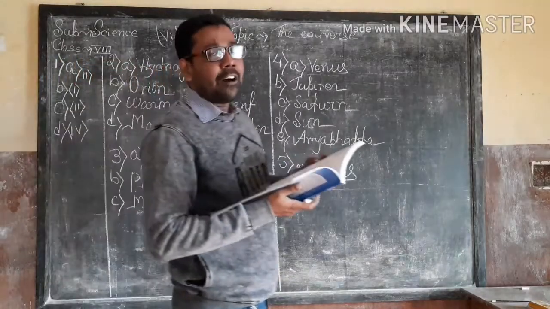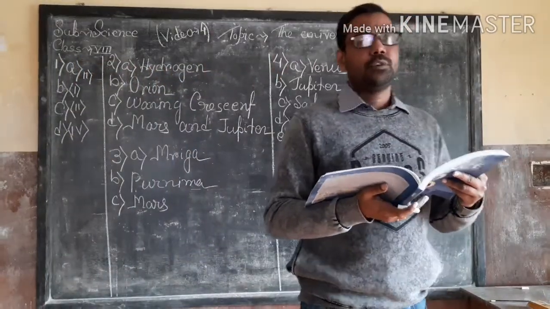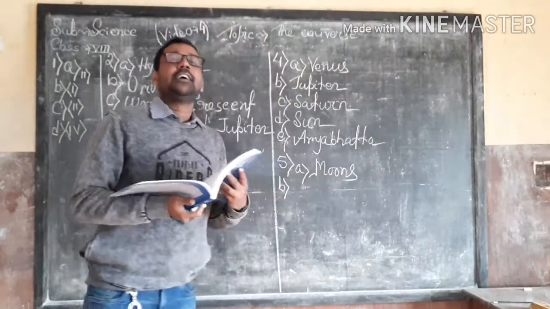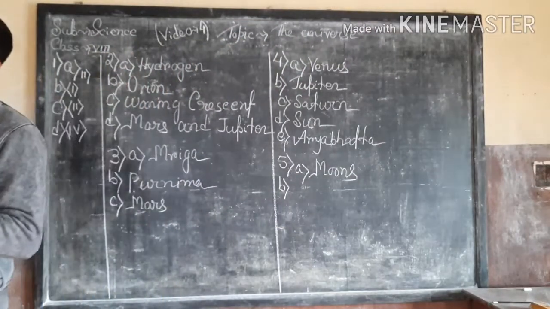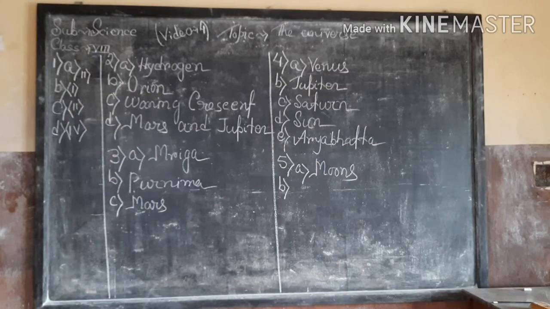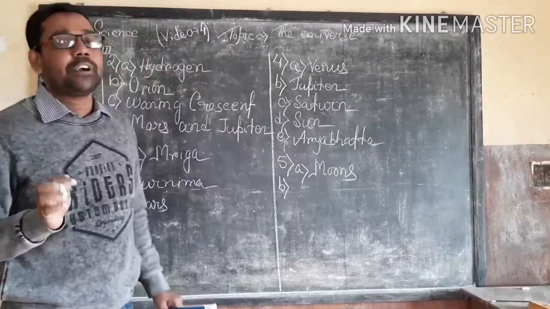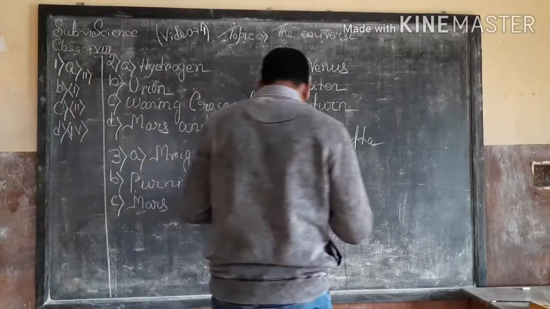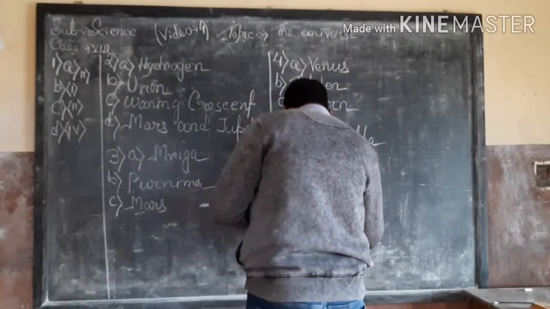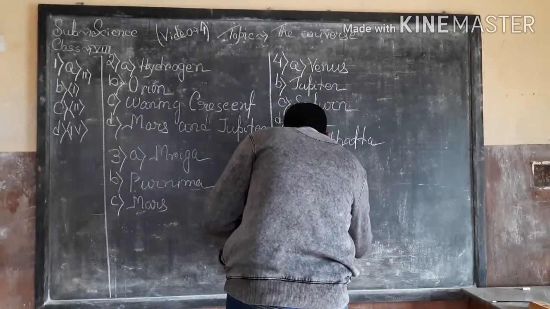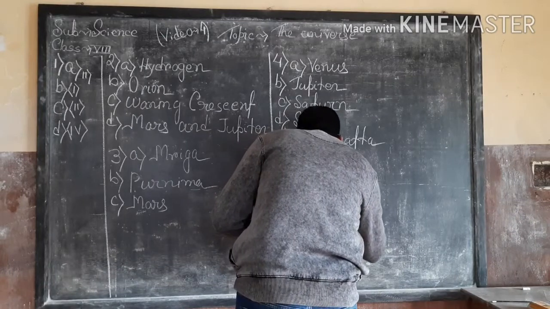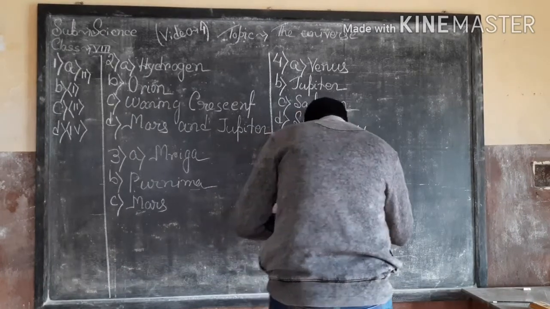What is the name of our galaxy? We are already familiar with these questions and we have already studied this part. The Milky Way or Akash Ganga is the name of our galaxy. Milky Way.